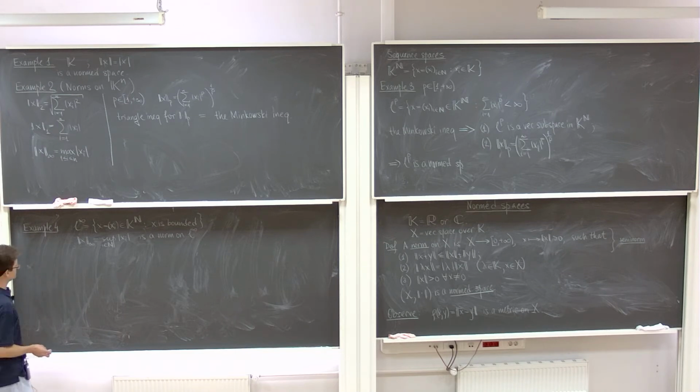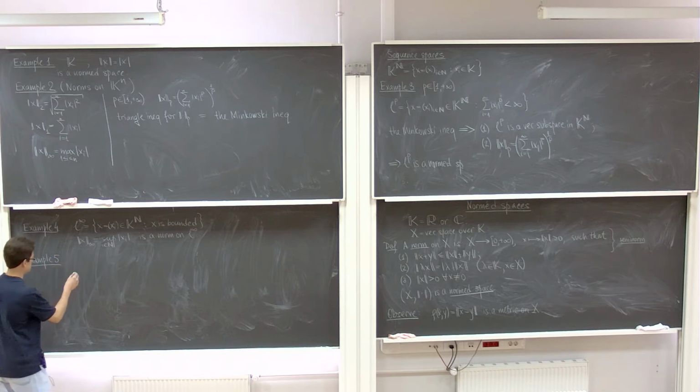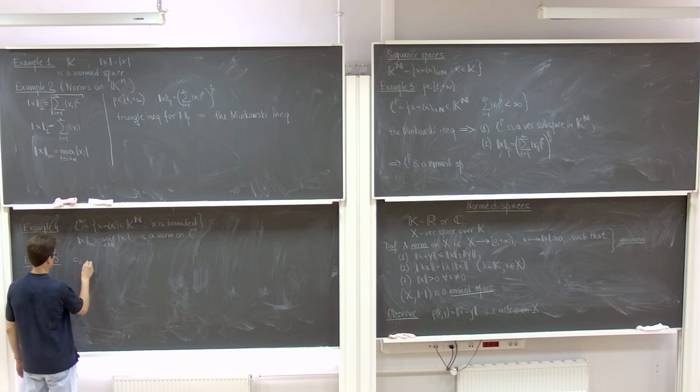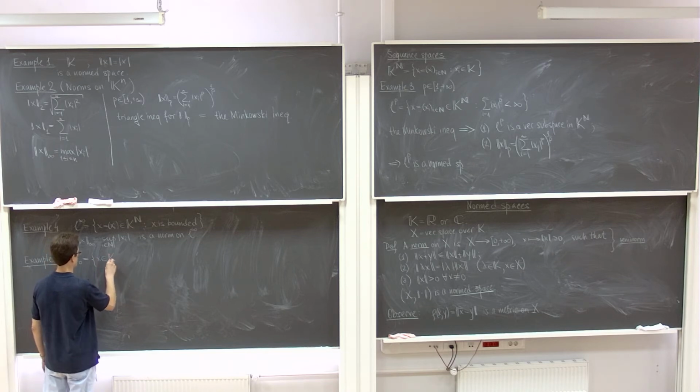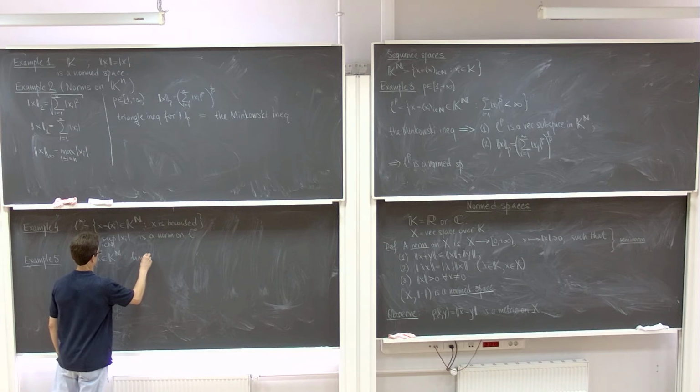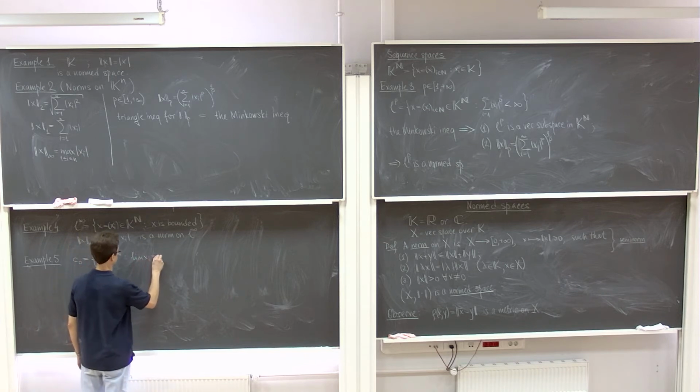The space little l infinity contains a useful subspace. This is example 5. So we denote by little c0 the space of those sequences which vanish at infinity. So this limit is 0.